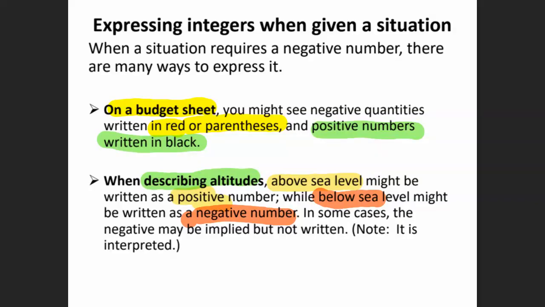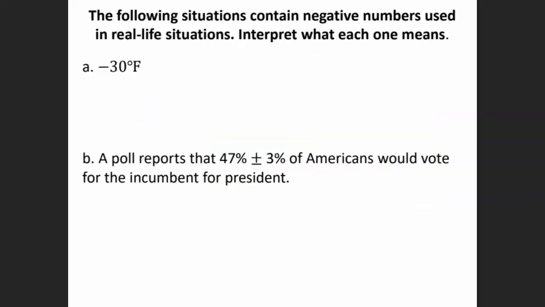Okay. Now, our next slide says the following situations contain negative numbers used in real life situations. Now they're asking us to interpret them, which means we are using words.